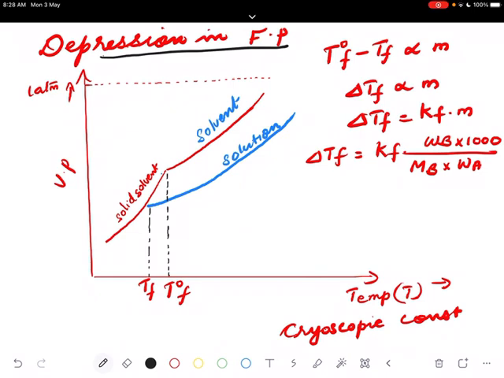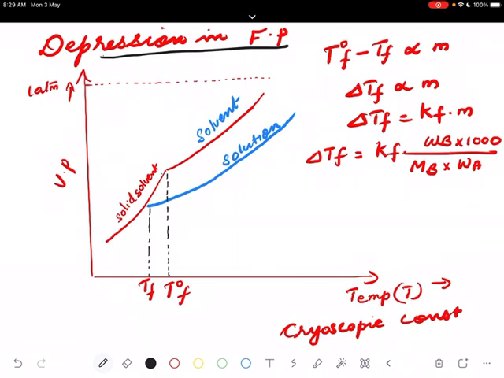In the case of depression in freezing point, you have to come down to a lower temperature. So these two things are disadvantages in these experiments. One is at a very high temperature and one is at a very low temperature, 0 degrees Celsius. Making 0 degrees Celsius in the laboratory for experimental purposes is a difficult process.